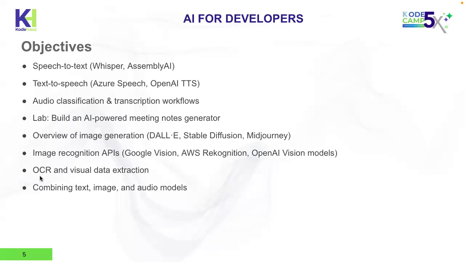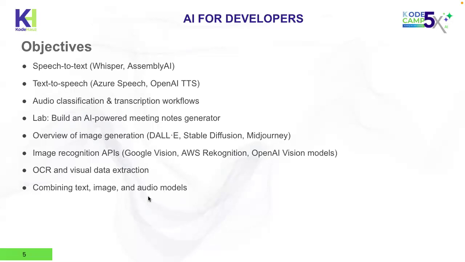Then we'll also do a little bit on OCR, which is optical character recognition, and then visual data extraction. OCR is for handwritten notes or typed-out scanned documents that were printed, from which you want to extract the actual words and sentences. And then you maybe store it or document it for some reason.